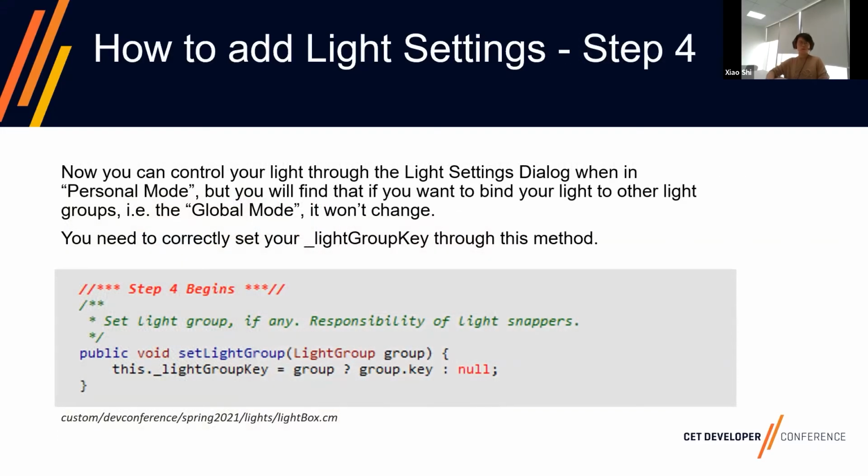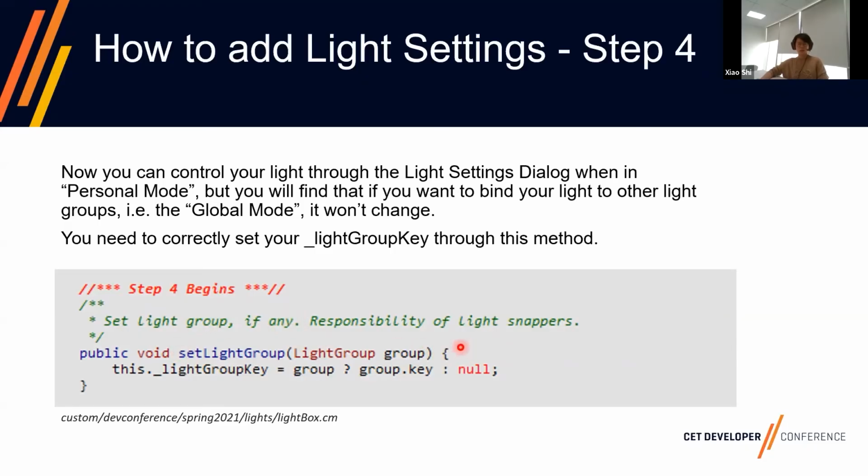Okay, so before step 4, you have successfully built up your personal light group. But if you want to bind it, you still need to do a few more steps. Here, this set light group step is what you call when you change the light group in your dropdown, and you are passed in whatever light group you have selected, and call the set group.